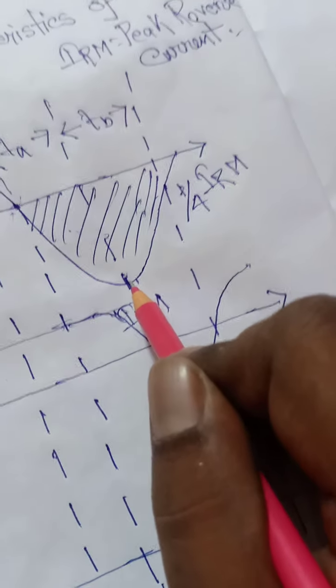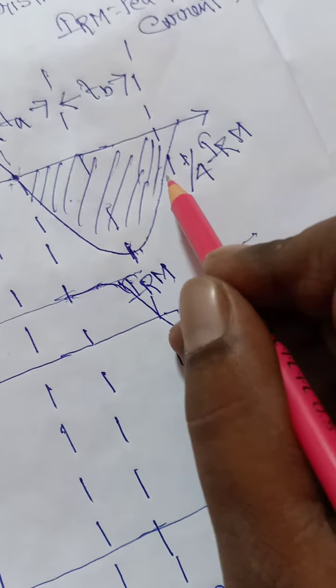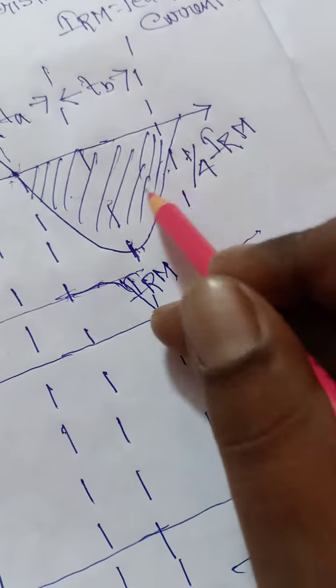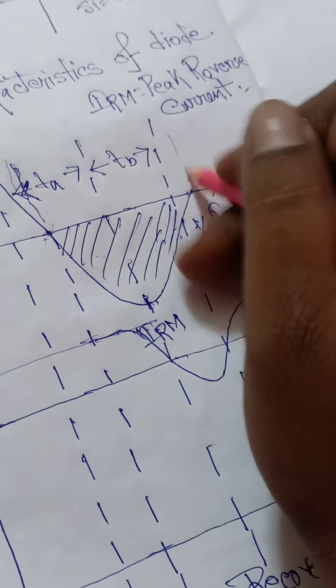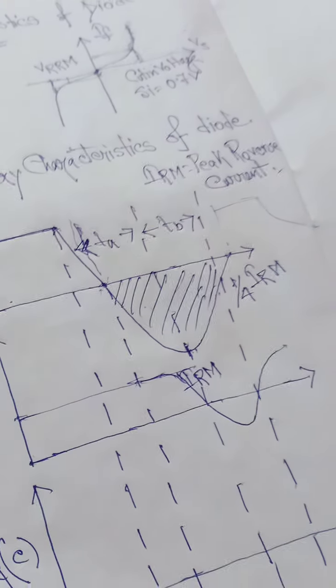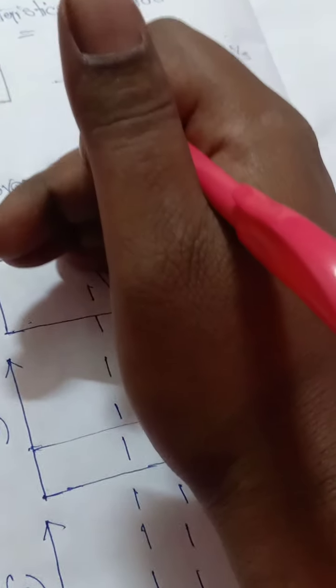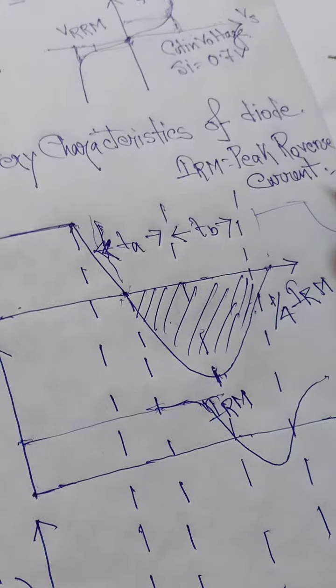And from IRM to 1 by 4 IRM, on this portion the semiconductor layer charges will be removed. At that moment again the diode will be turned on. It will come like this. So turn off, then after that turn on.